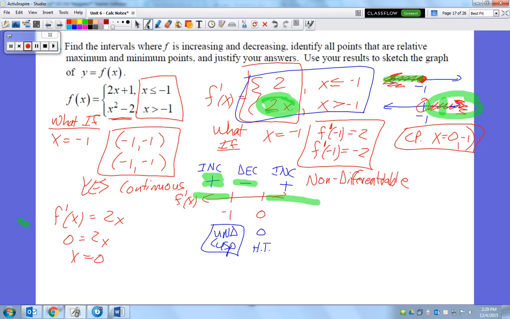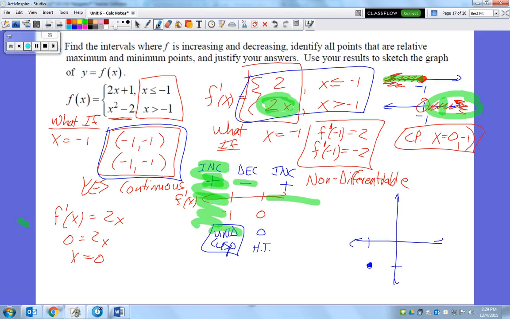So here we go. Let's start graphing it. The very first thing that I want to graph are the ones that we defined as points. -1, -1. And that was it. On this interval, we are going to increase until we come to a cusp. And when we come to that cusp, we're going to be at this -1, -1 point.